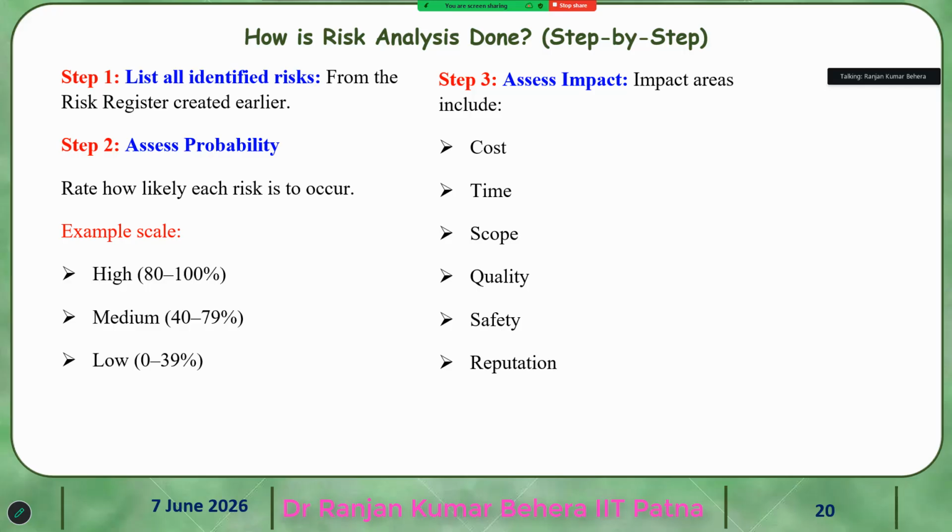For example, high is nearly 80 to 100%, medium is 40 to 79%, and low is 0 to 39%.